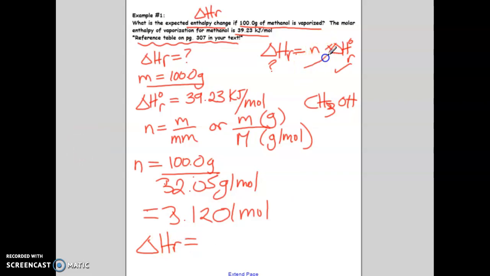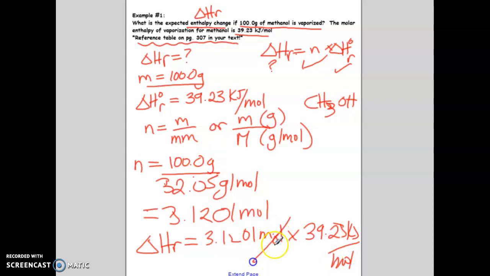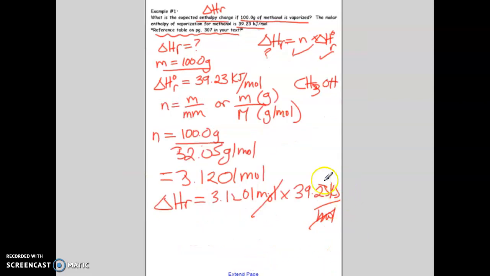So we have our mole value now, and we have our delta HR. So it's going to be 3.1201 moles times delta HR, which is given to us in the question, 39.23 kilojoules per mole. Okay, so what happens here is the mole value cancels, and we're left with units of kilojoules.